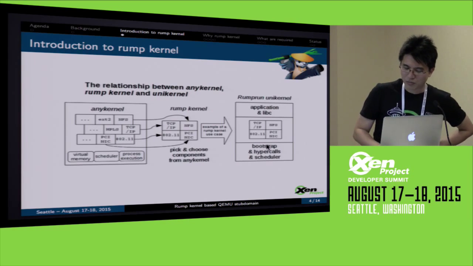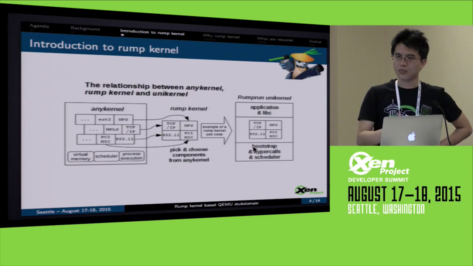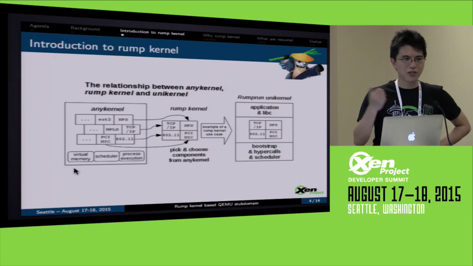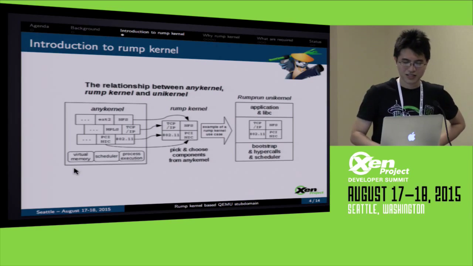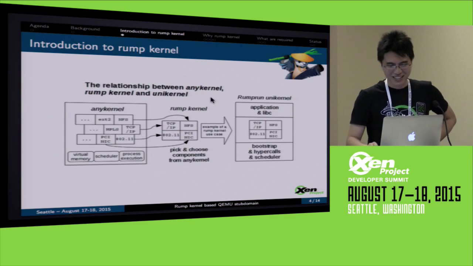And then there's some platform-specific code which is specific to Xen, which is now also in upstream Rump kernel. I'll get into that later. So any questions about this picture in this graph? Okay. So yeah, I guess it's very clear here.